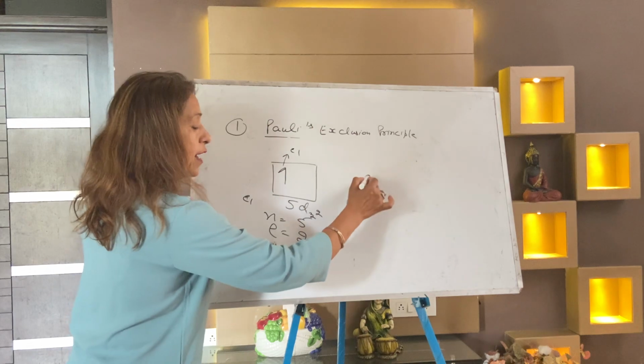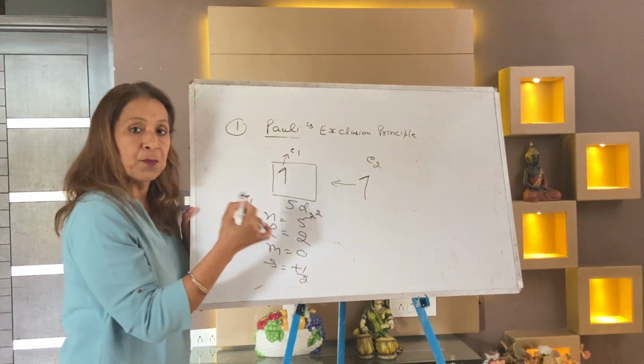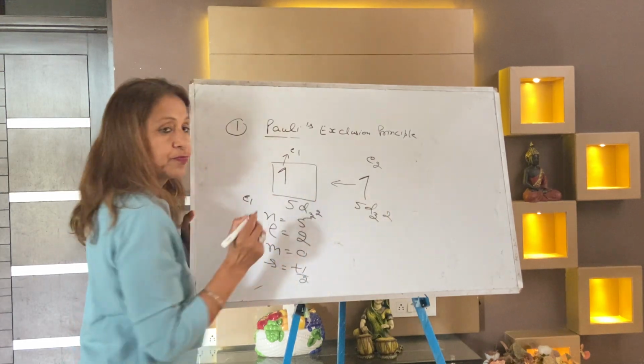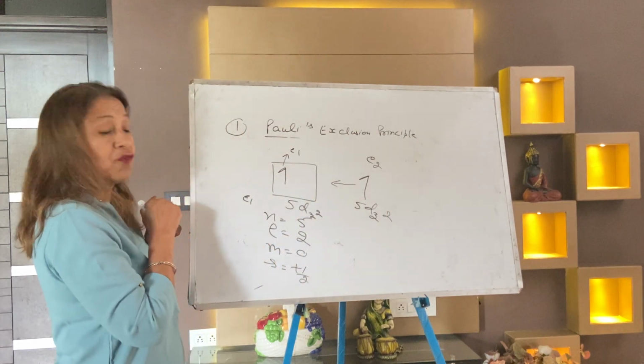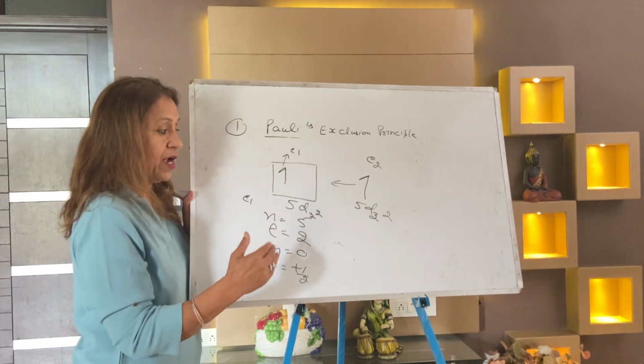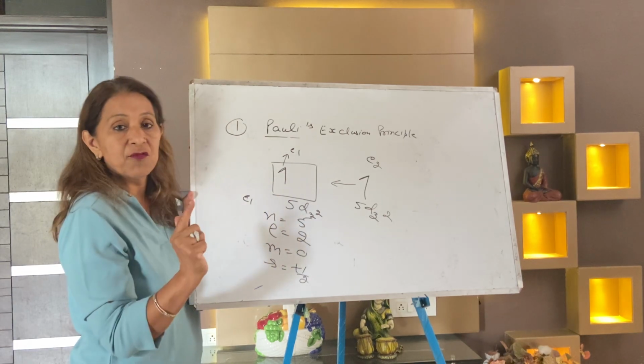Now the second electron is coming. My dear students, the second electron is also approaching and it also belongs to 5d z square. This means the second electron has again n is 5, l is 2, m is 0, and even s is plus half.